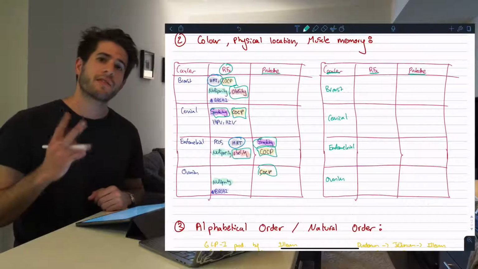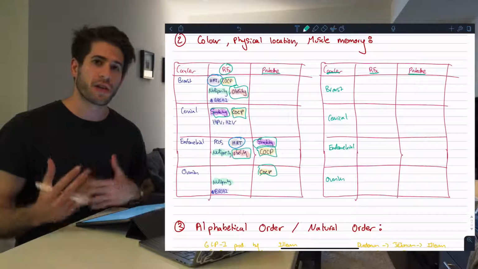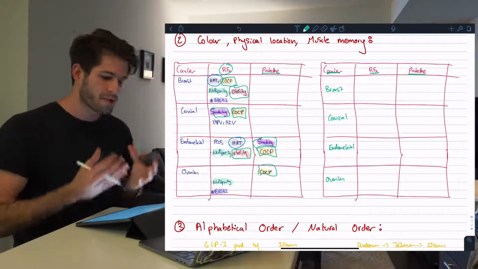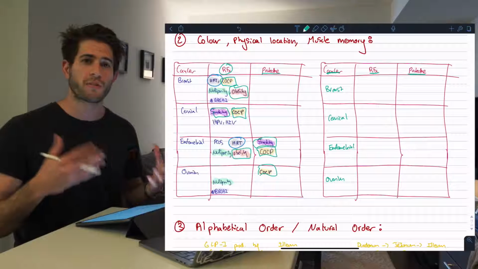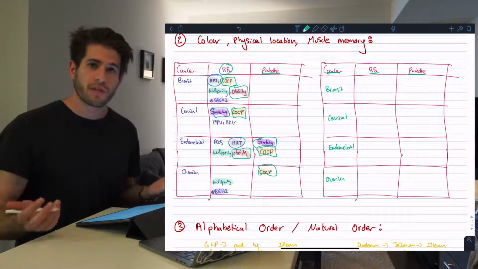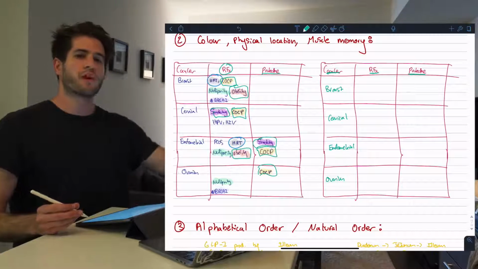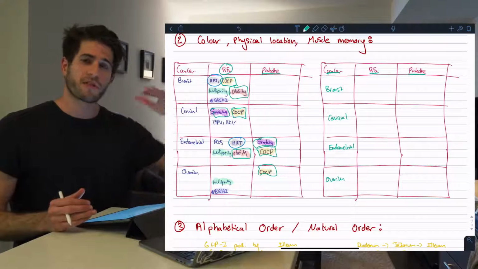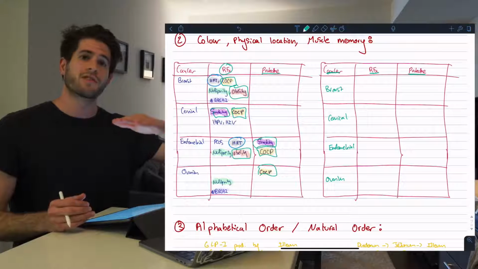The second thing that I did was looked at physical location. So I didn't actually end up memorizing any of these factors themselves. What I ended up memorizing was their physical location within my table. So for example, for COCP, I just remembered that it was 1, 1, skip to the right, 1, 1. And that way I knew that COCP was a risk factor for the first 2 cancers and a protective factor for the second 2.